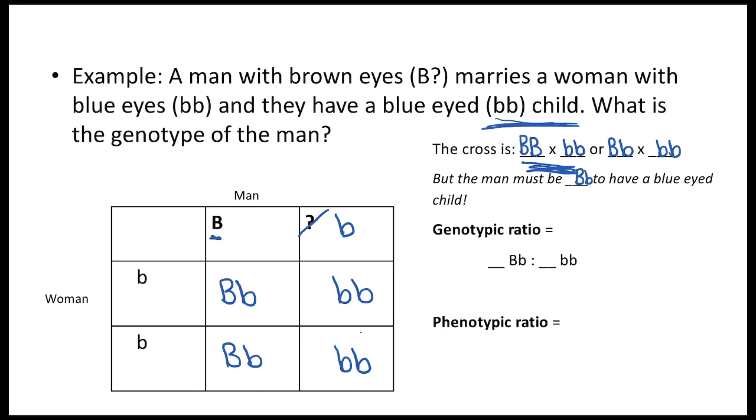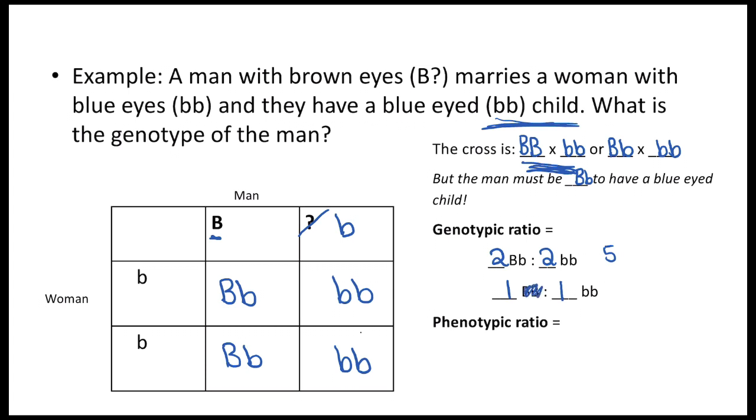Okay. So for our genotypic ratio now, we're going to count in the box how many big B, little b's we see. So we see 2 and 2. Now, just like in math, we need to reduce this. Because those are both 2's, this is the same as a 1-to-1 ratio. So it is 50, there's an error in this.